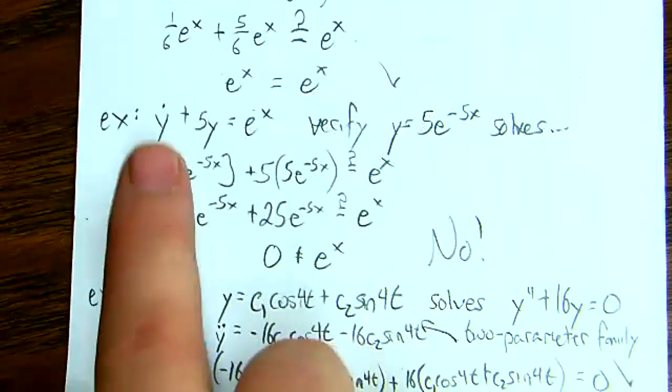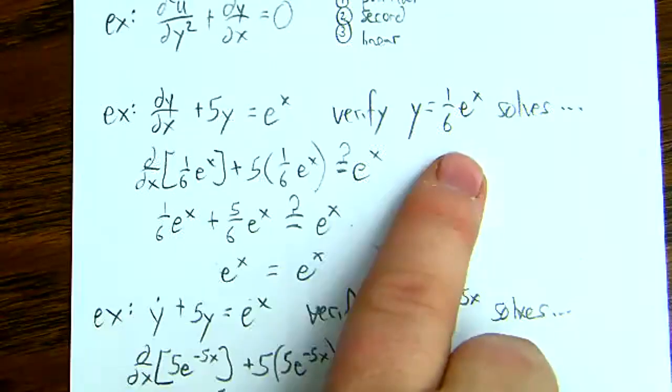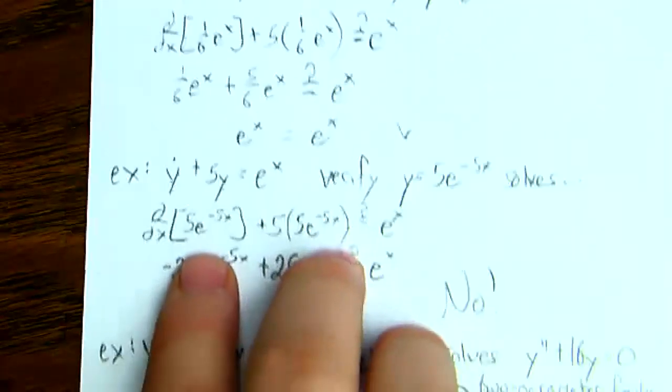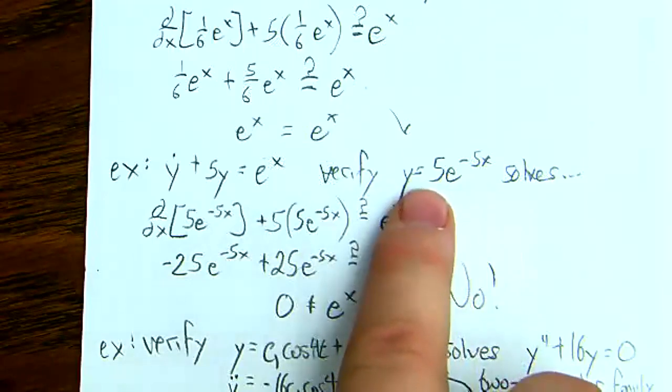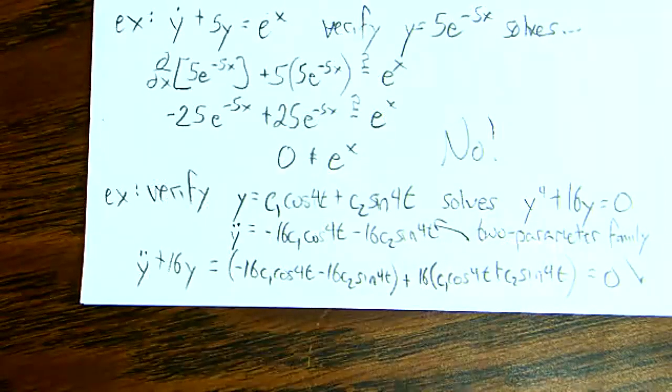Up here, there were no parameters in this because this was a particular solution. In this case, we have parameters, so this is a family of solutions.